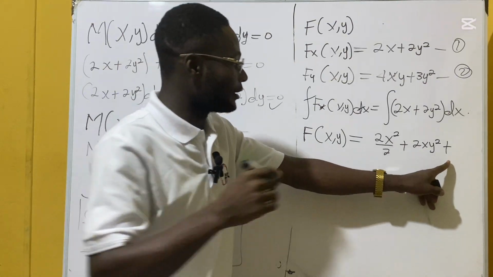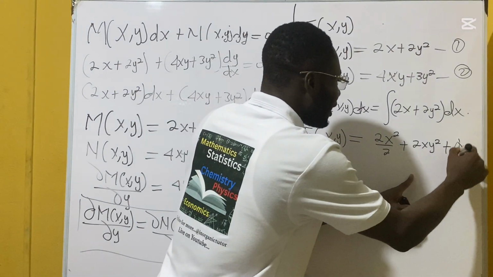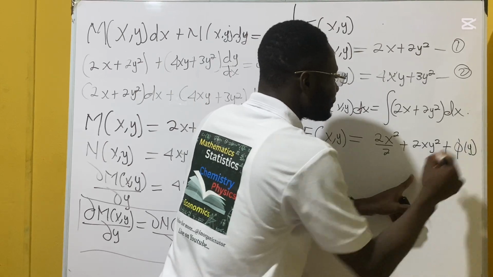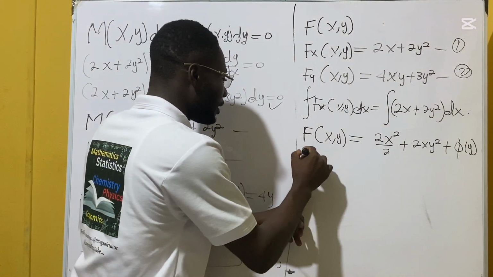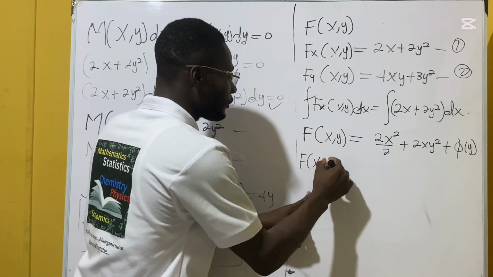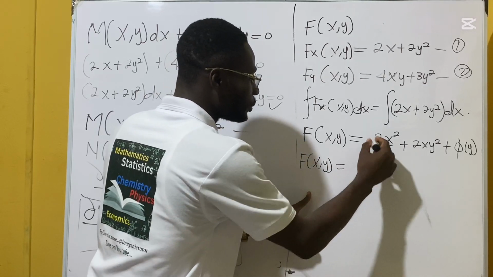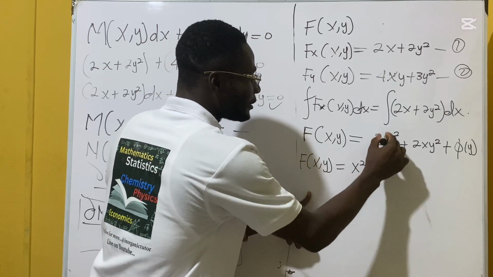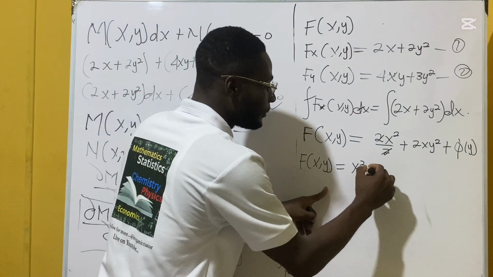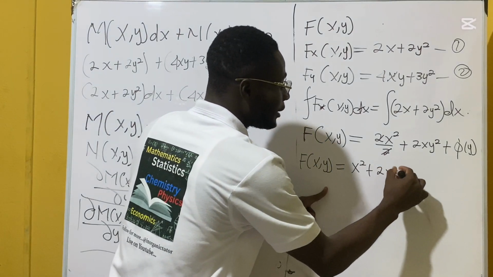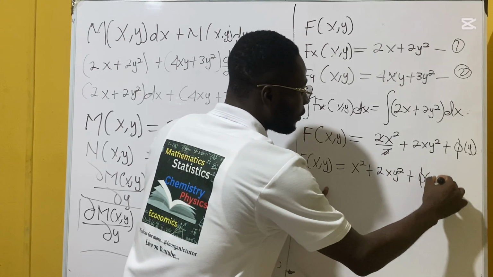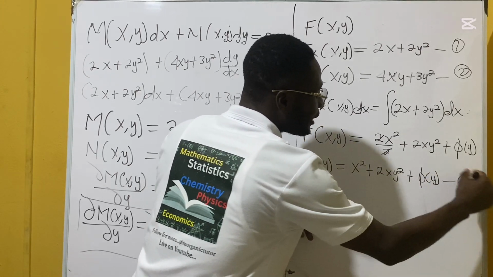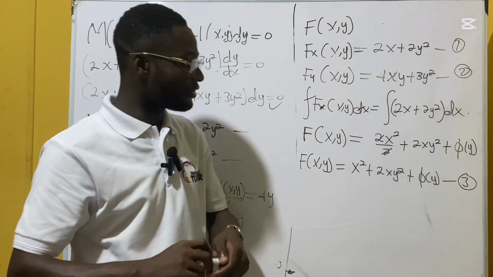So let's name it equation 3. f of x and y is equal to x squared plus 2xy squared plus phi of y.